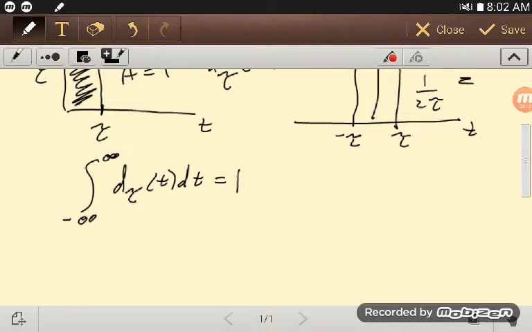But at any rate, for all practical purposes, this is just the integral from 0 to tau of d tau dt equals 1.